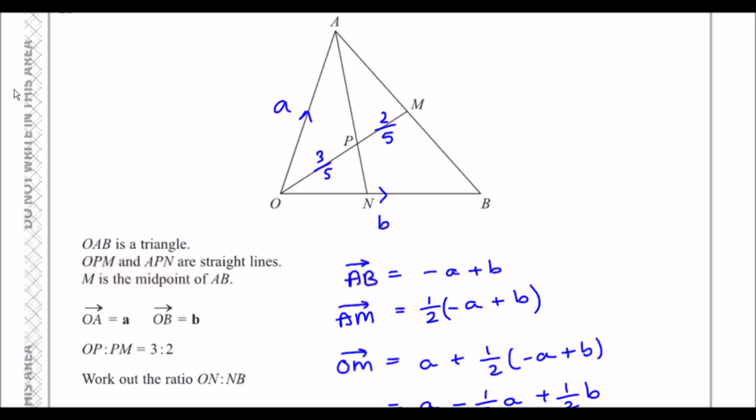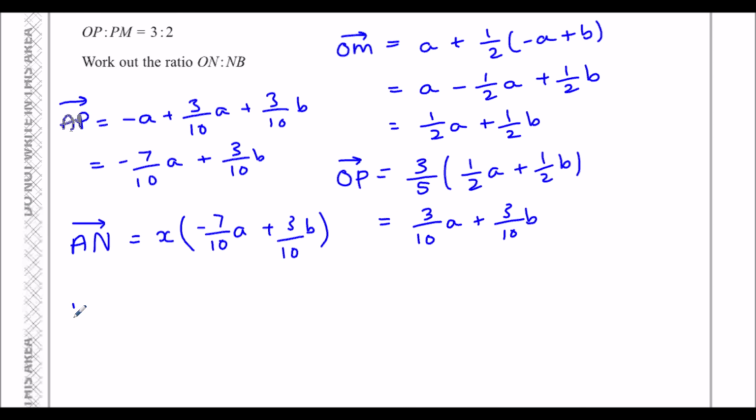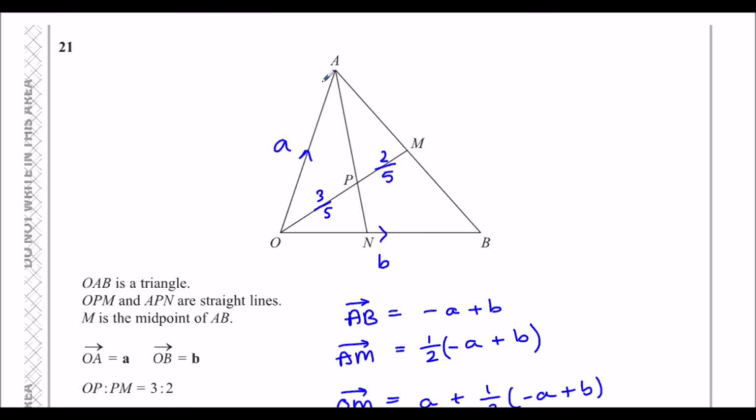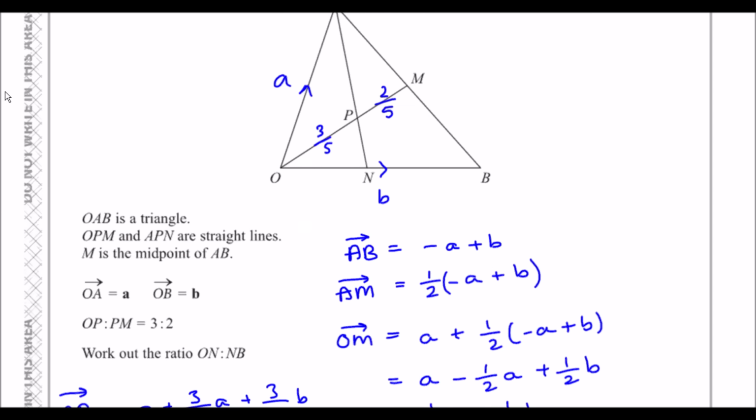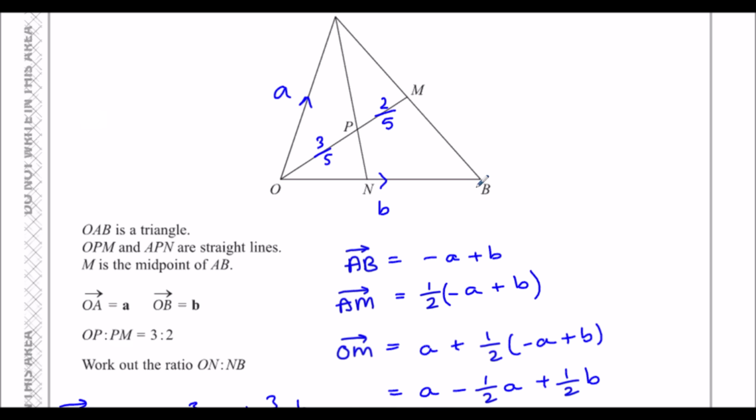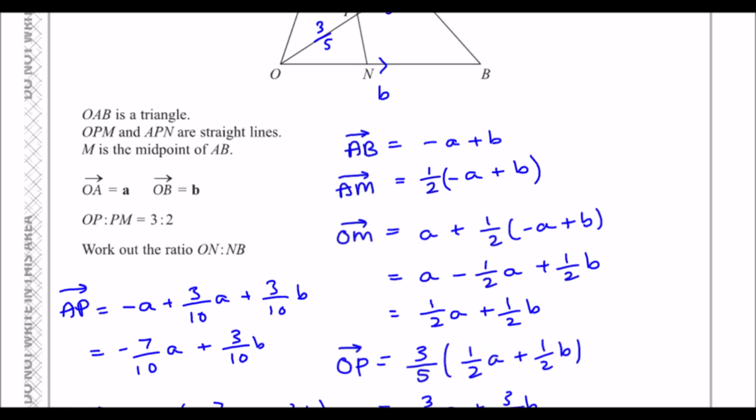And A to N is also, another way of getting from A to N would be to go minus a plus a multiple of b. So minus a, I've used x already, I'll use y. So I've got two routes for A to N. I can either go down to O and across, or straight down through P. So I've got two different routes.